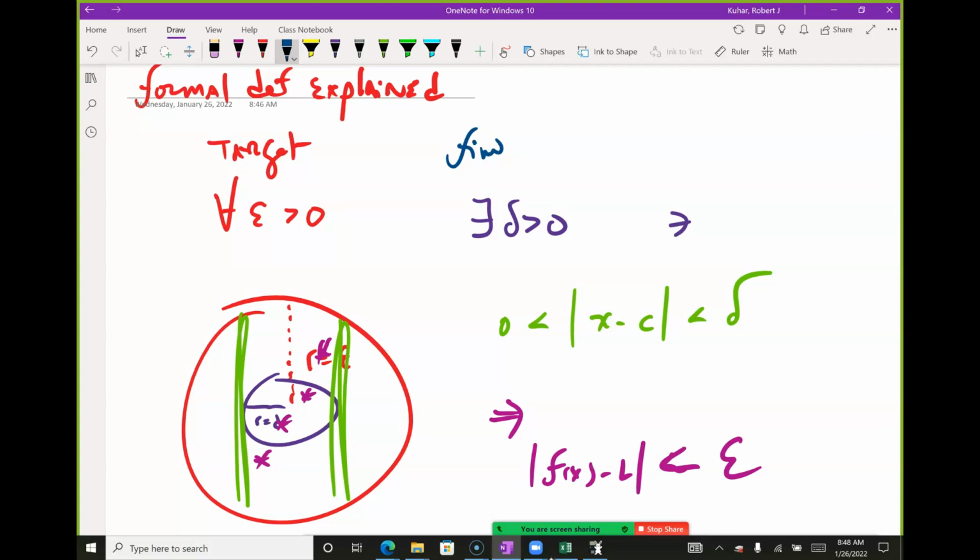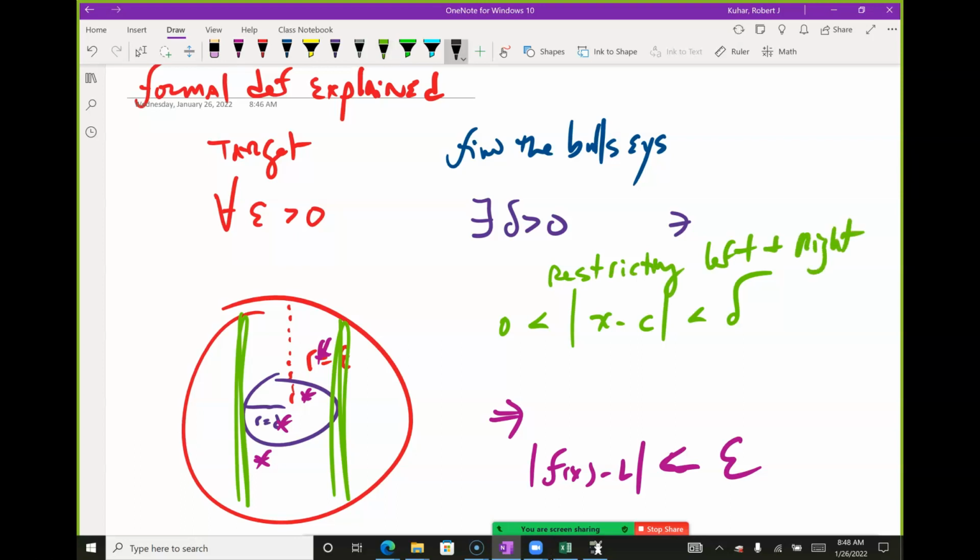Find the bullseye, find that perfect hit. Restricting left and right, hitting the target. If I can do that, I've got a limit.